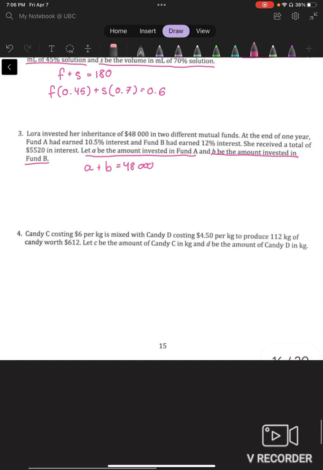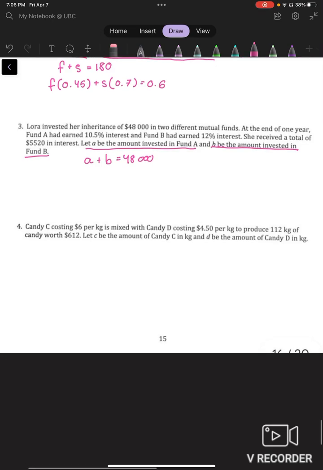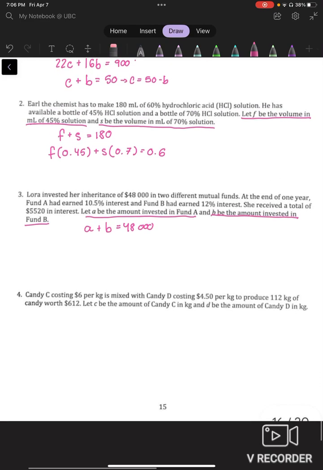Your second one is going to be pretty much similar to question 2.